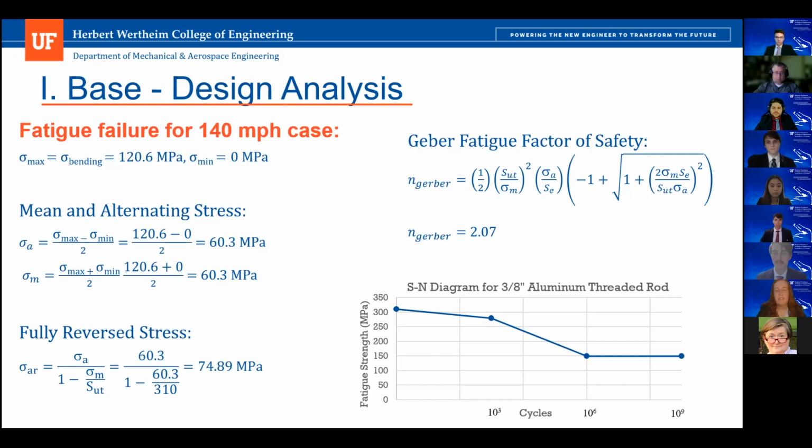And since this factor of safety is greater than 2, this meets customer need 13 of requiring a factor of safety over 2. And an S-N diagram was also created for the threaded rod using the ultimate tensile strength and the fully corrected endurance limit to evaluate how it will perform throughout its life cycle.